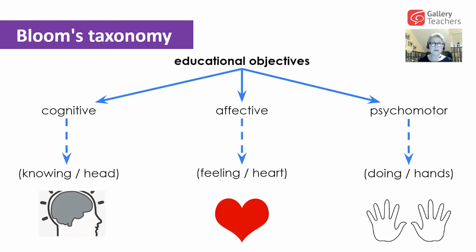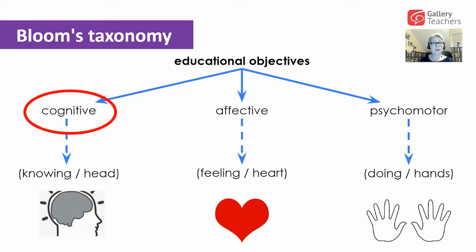And within these domains, learning at the higher level is always dependent on having attained the necessary knowledge and skills at lower levels. And of course, in Bloom's taxonomy, critical thinking comes under the cognitive domain.